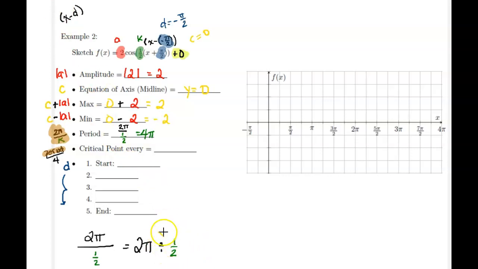So to change this to a multiply, I would have to flip this second fraction. So what does that turn into? Well, 2 pi. This now becomes a multiply. And when I flip this, it is 2 over 1. Well, that just is 2. So 2 pi times 2 gives me that 4 pi that we ended up with right here. Okay, so that's just something to be careful of. We can remind ourselves how to divide by fractions.